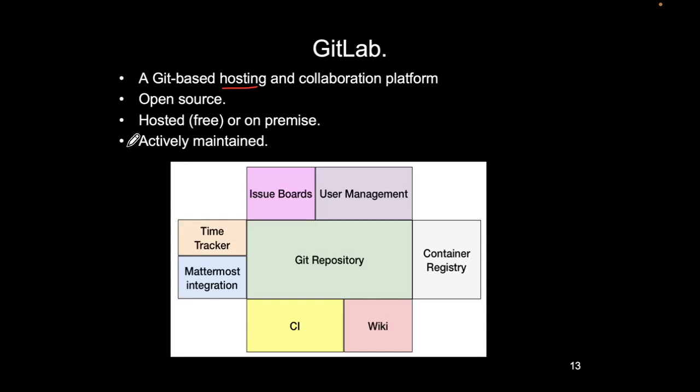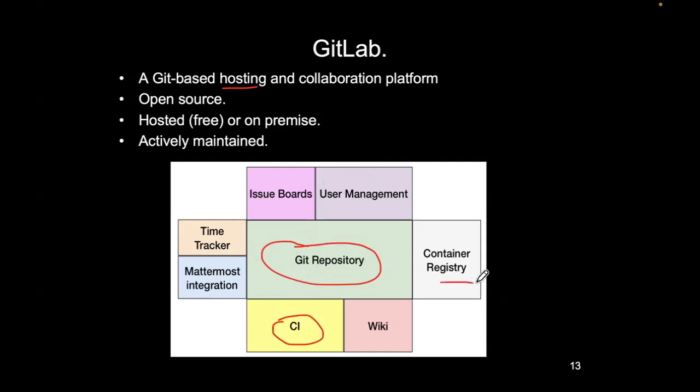And it's actively maintained. And so the visual down here shows you the different components that make up this GitLab service. So at the very center of it, it's just a Git repository, which is exactly what GitHub is. But then there are all these other parts. Down here, we have a part that supports CI, and that's one that we're very interested in.